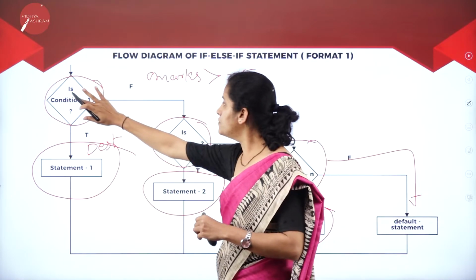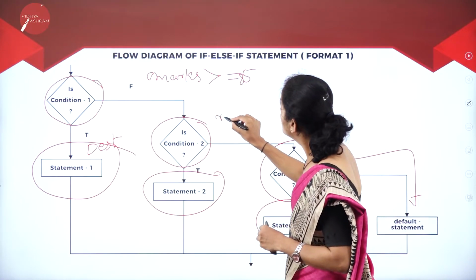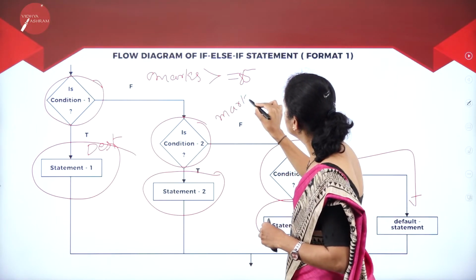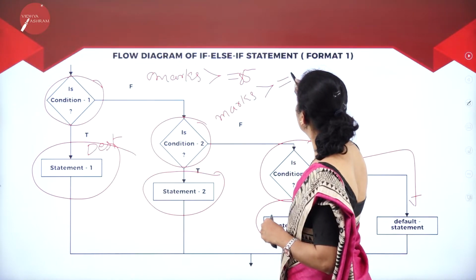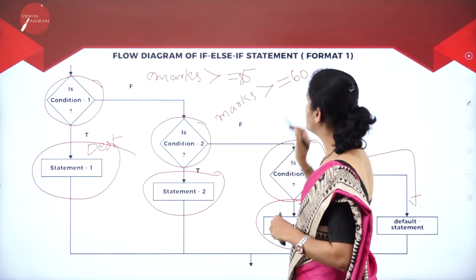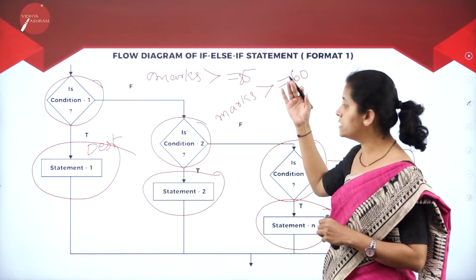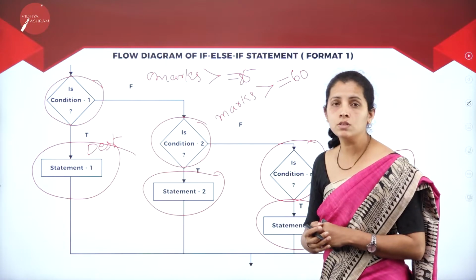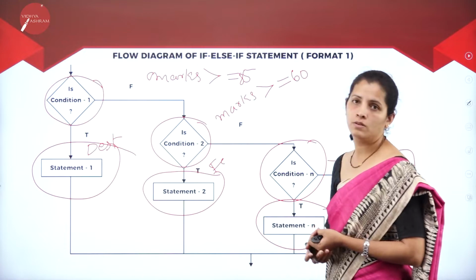If this condition is false, once again I'll write marks greater than or equal to 60. If the marks are greater than or equal to 60, what do I want to announce? I want to announce it as first class.